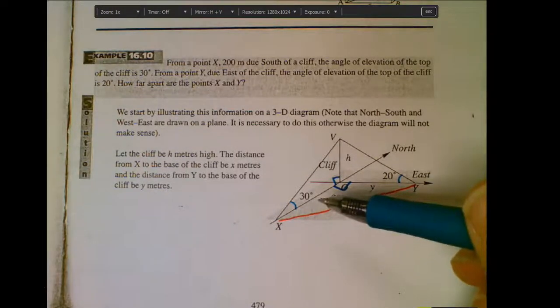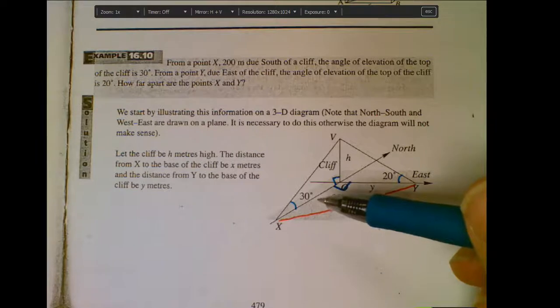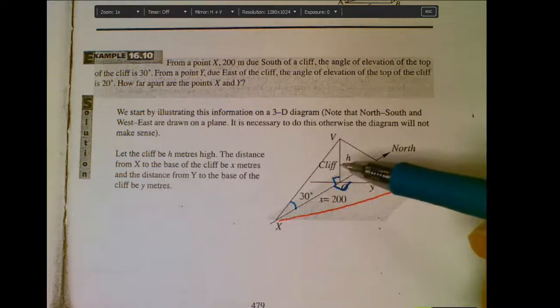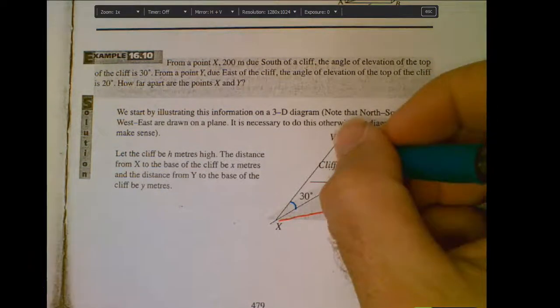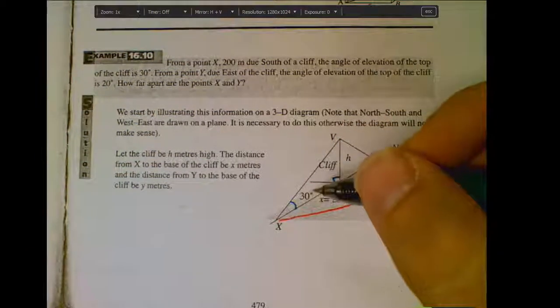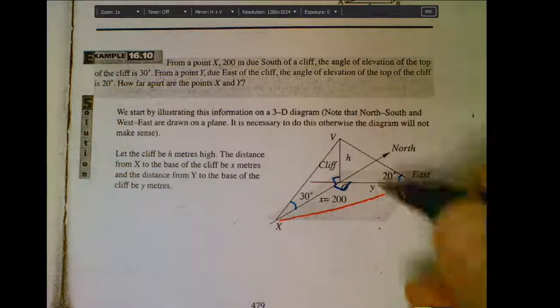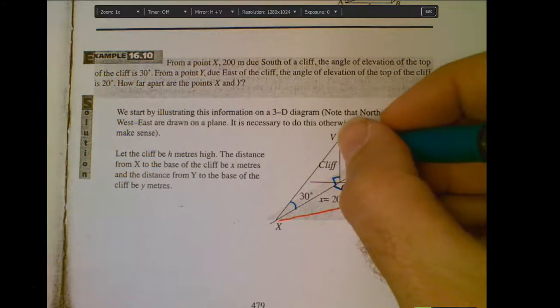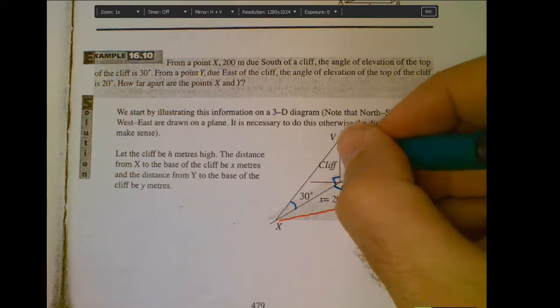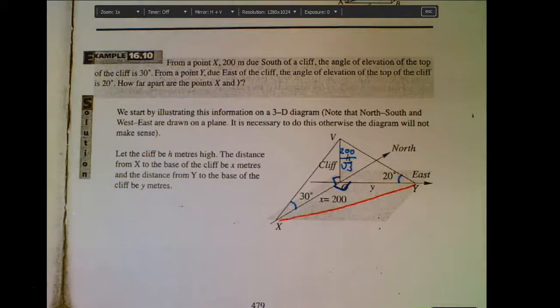So if 200 represents my long leg, then I can do 200 divided by root 3 to get my short leg. You could do that with your 30, 60, 90 rules, or you could use a tangent function and get it that way. So I'm just going to identify my height here as 200 divided by root 3, just using my 30, 60, 90 rules.